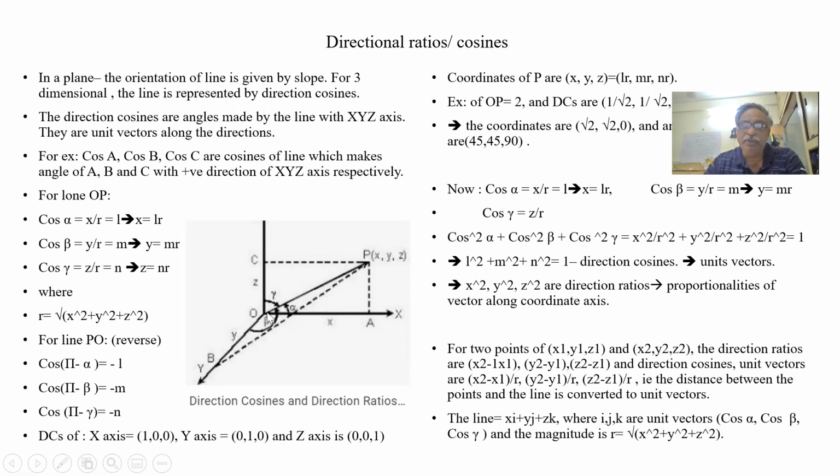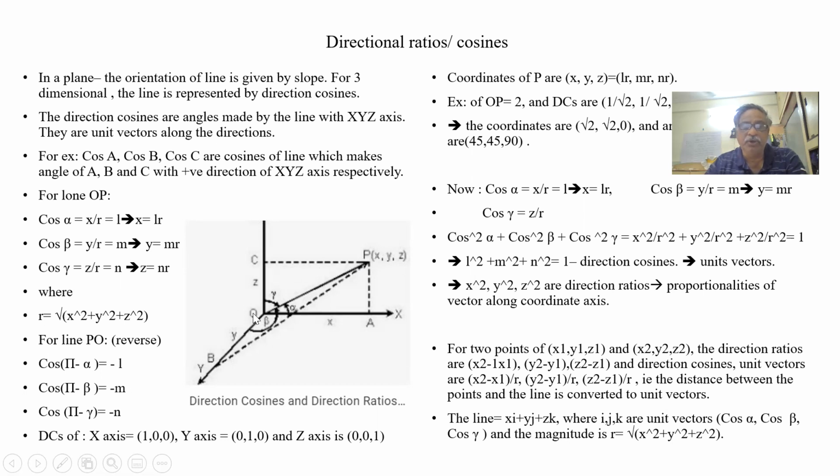So along this direction, if I get a unit vector and multiply it by r, or p or q, whatever the distance, I'll get the length. So what are we defining by cosines? We are defining a unit vector in the given direction, showing which angle the line makes with respect to the x, y, z reference axes.